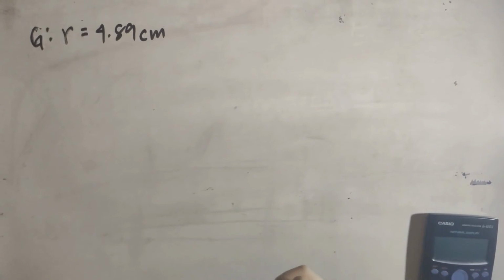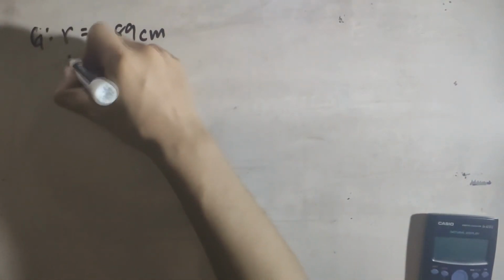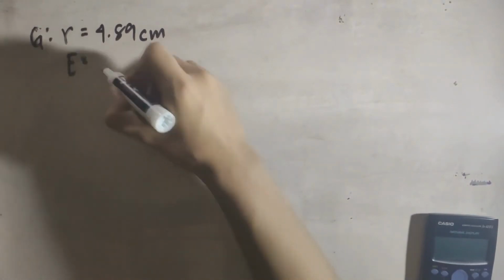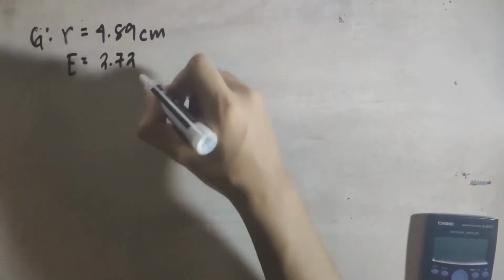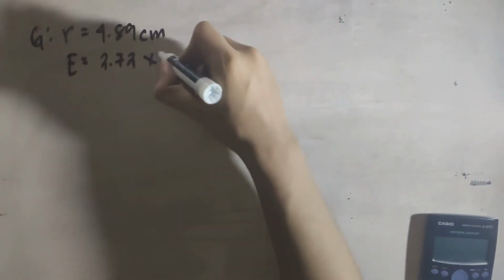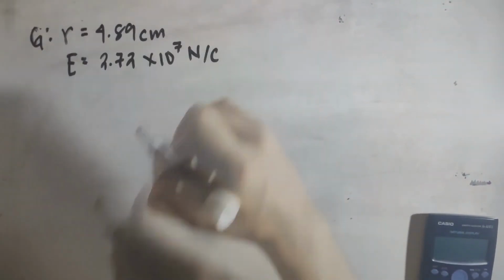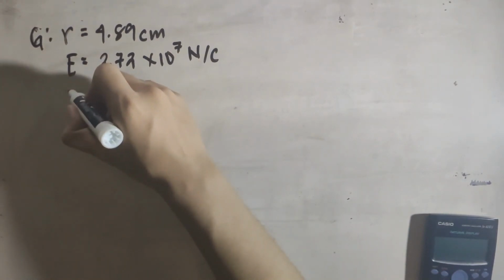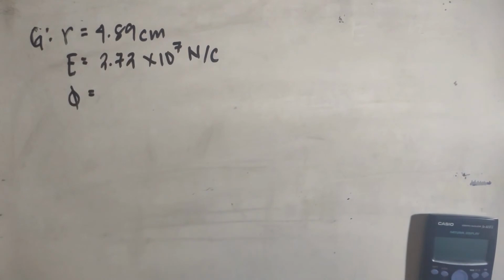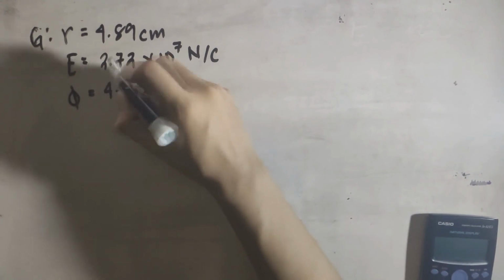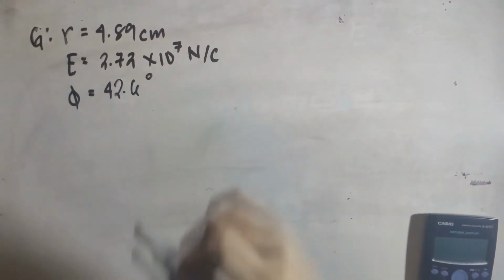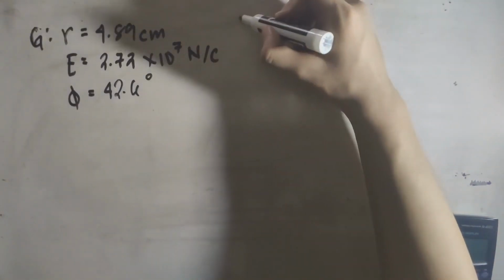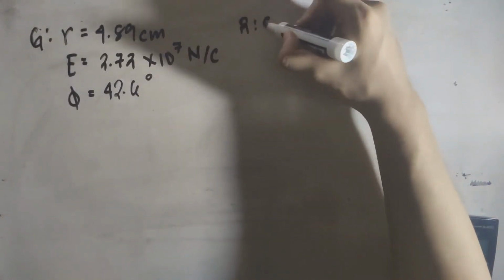Then we have an electric field of 2.72 times 10 raised to 7 newtons per coulomb. Then we have an angle from the normal line, so that would be phi, which is 42.6 degrees.